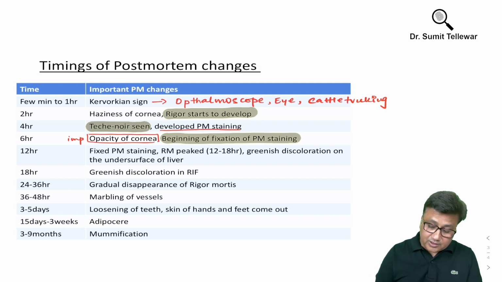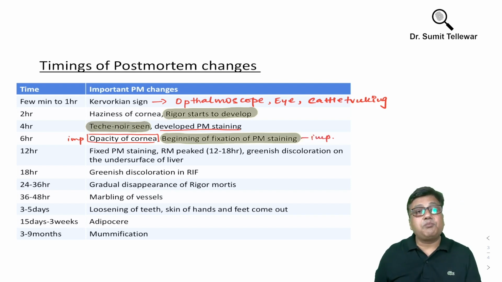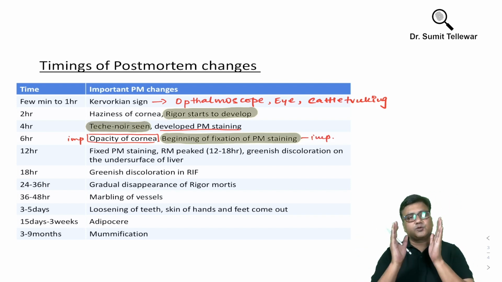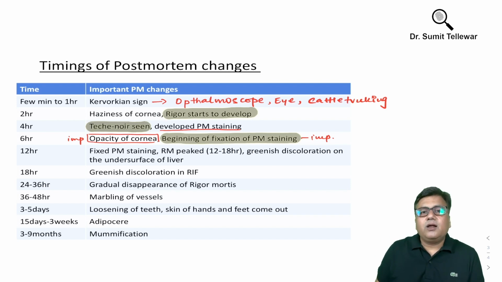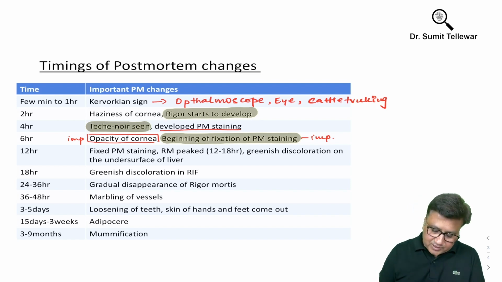Again, a very important thing, fixation of PM staining begins. It starts. Fixation is a process which begins at 6 hours, and it gradually keeps on becoming more and more, and complete fixation happens at 12 hours, which we can see here is fixed PM staining at the end of 12 hours.